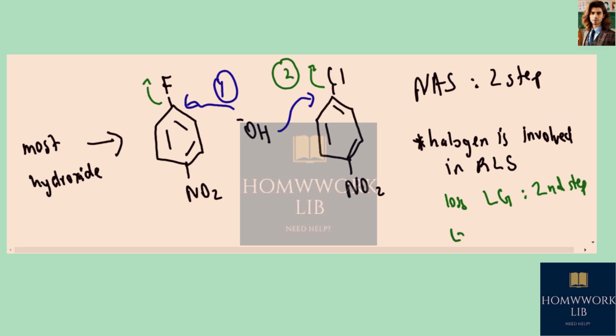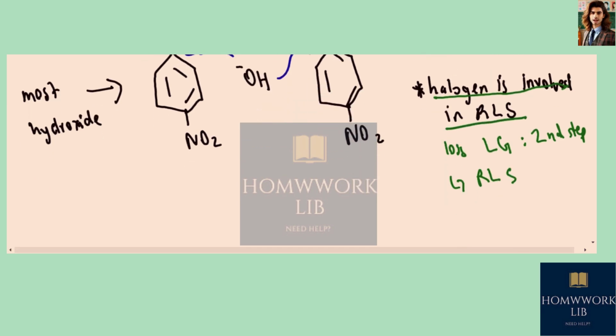So we can see that this is actually the rate limiting step, and that's because of this point here. If changing the halogen will affect the rate, then the halogen is involved in the rate limiting step. The only step where the halogen is really doing something is step 2, where we get the loss of it.